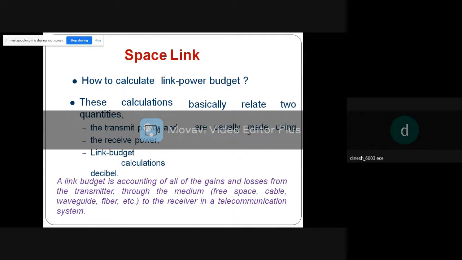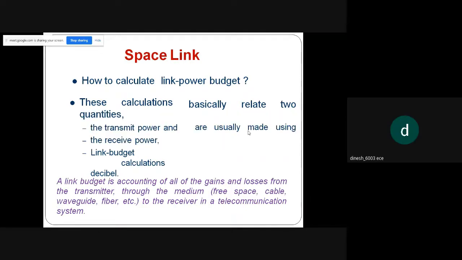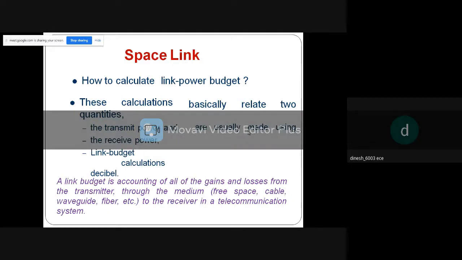The uplink frequency is from the Earth transmitter to the satellite, and from the satellite to the receiver, the frequency used is the downlink frequency.